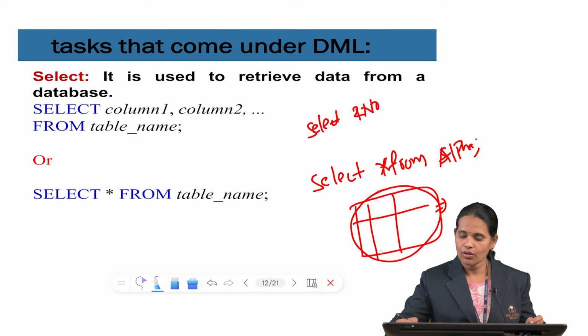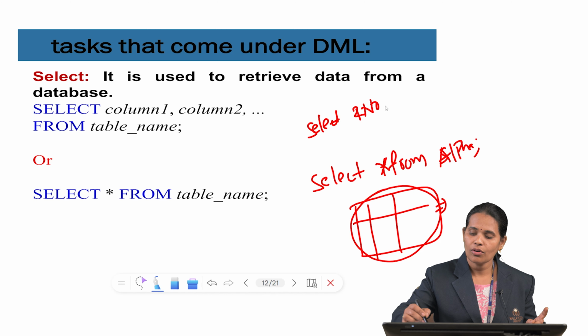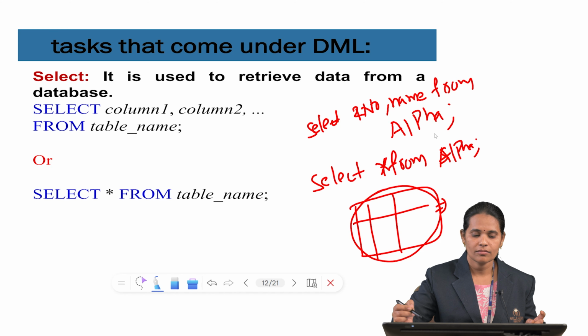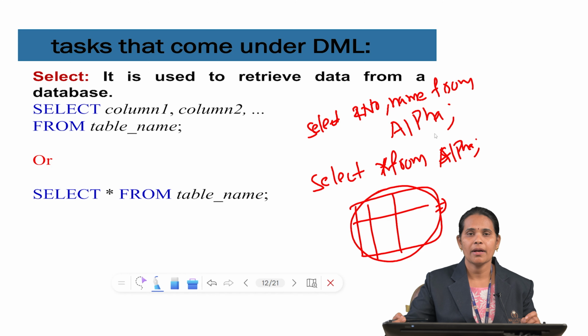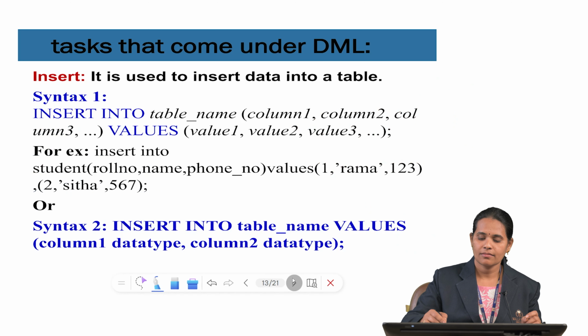Among the 3 columns, I need to retrieve only 2 columns from the table, so I only need the roll number and name of the student from the table named alpha. Hence we can say that the select command is used to retrieve the required information from the database.